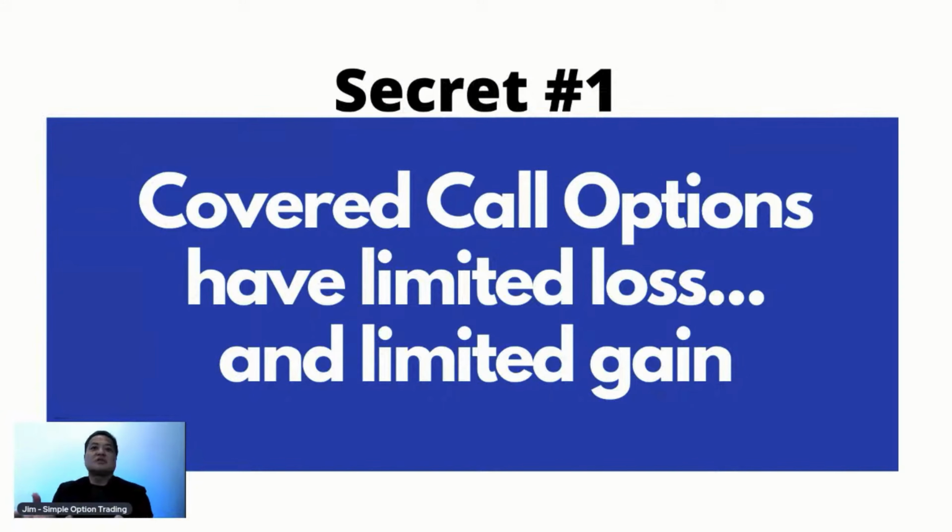The absolute worst case scenario would be I were to sell a covered call option and then the company would the next day go bankrupt and my shares are now worth zero. The option contract would expire. I still keep the premium amount that I received, but now my shares are worth zero. And so that would be the absolute worst. But the other shares that I hold, the other money that I have in my bank account, savings account, I'm not personally liable for anything else.